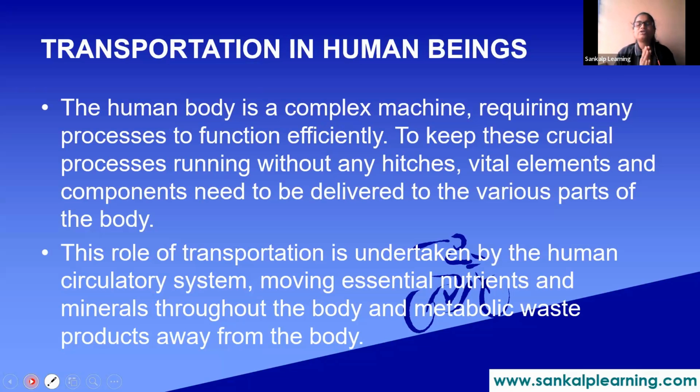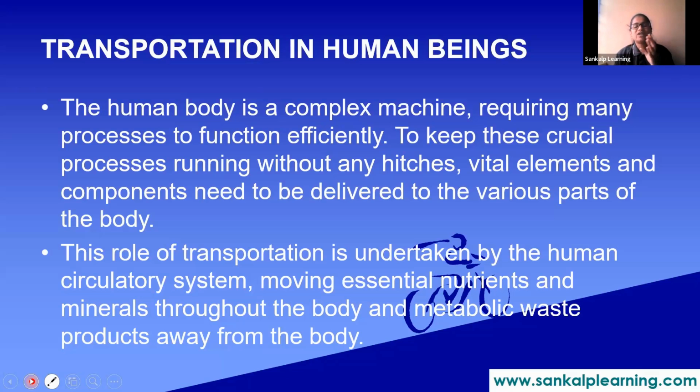So who will do transportation in human beings? What is the process? What all parts are involved? That we are going to discuss in this concept. As you can read here, the human body is termed a complex machine because it requires various systems to work efficiently to keep human beings healthy.